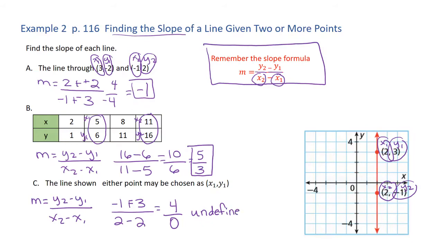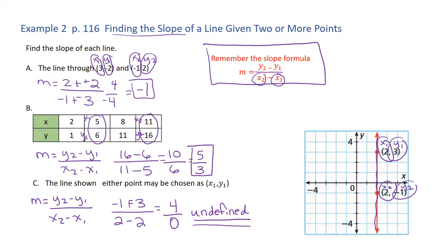If you will recall, this line is not a function because the x is paired with a -1 and it's also paired with a 3, so it doesn't fit the definition of a function anyway. So you can see that when you try to find the slope, it's actually undefined.